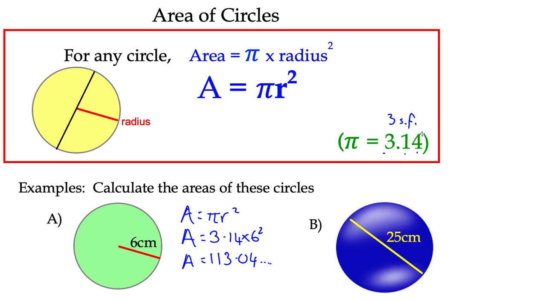And so because we've rounded pi to just 3 significant figures, there's no point in giving an answer which is more detailed than that, because we can't be sure that that's any more exact. So what we usually do with pi is we round it to 3 significant figures. We only give the first 3 digits. In this case, the 0 that we're going to cut tells us to round down. So area is 113 square centimetres.